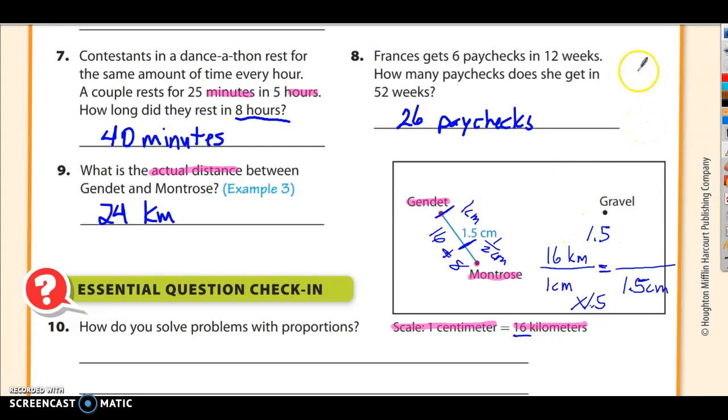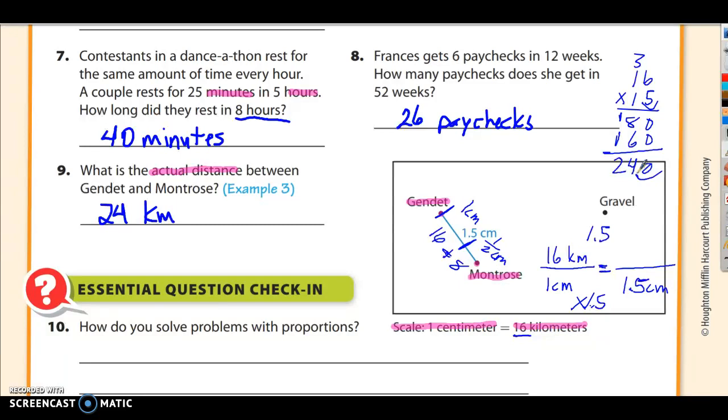If I do 16 times 1.5, 5 times 6 is 30. 5 times 1 is 5, plus 3 is 8. And x is 0, 1 times 6 is 6, and 1 times 1 is 1. You're going to get 0 and 14 and 2, and then you've got to move your decimal over one place, and so you get 24 kilometers.